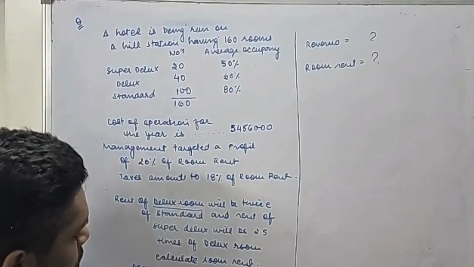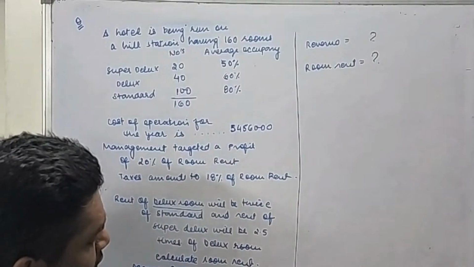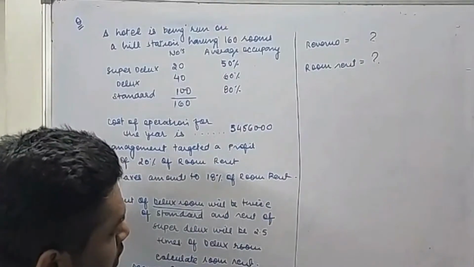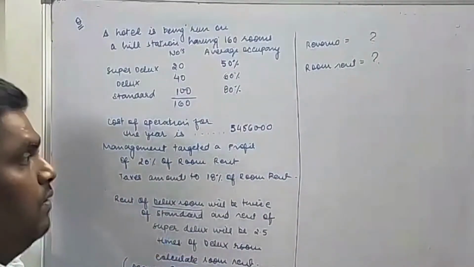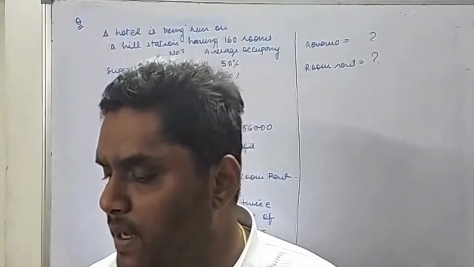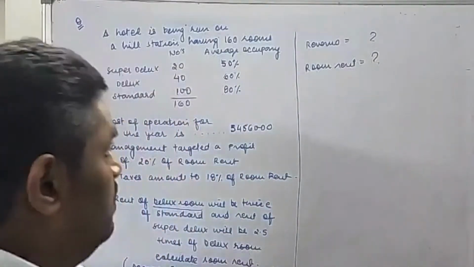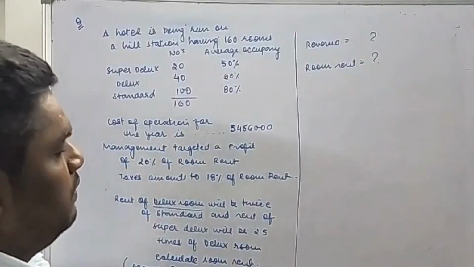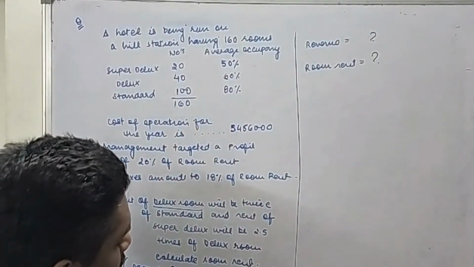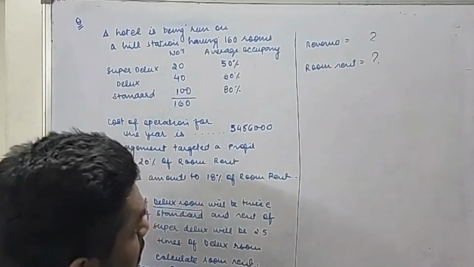Assume 30 days in a month. Or we can say 360 days in a year.